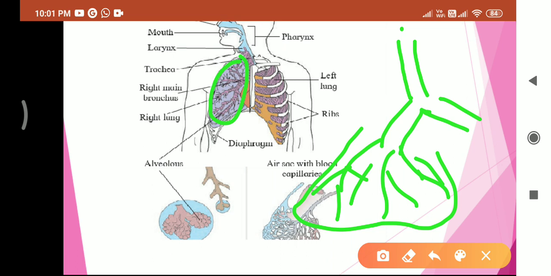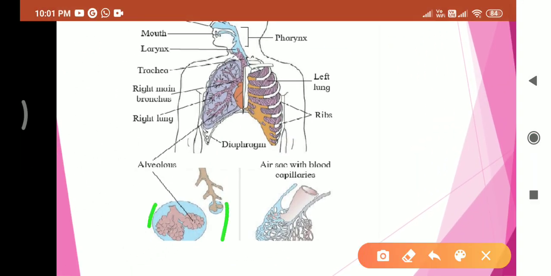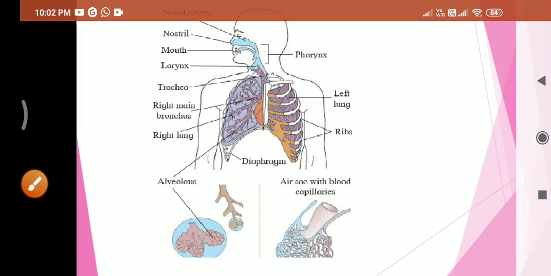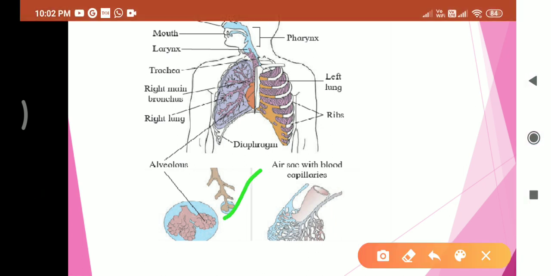Where the bronchioles finish is the air passage called the alveoli. In this picture you can see the bronchiole structure properly. These bronchioles open into this air passage called the alveolus. This is the proper place, because here the network of blood capillaries is present, so the gas exchange takes place here.